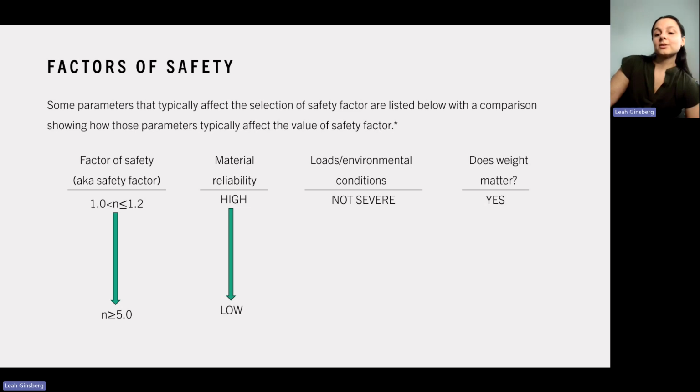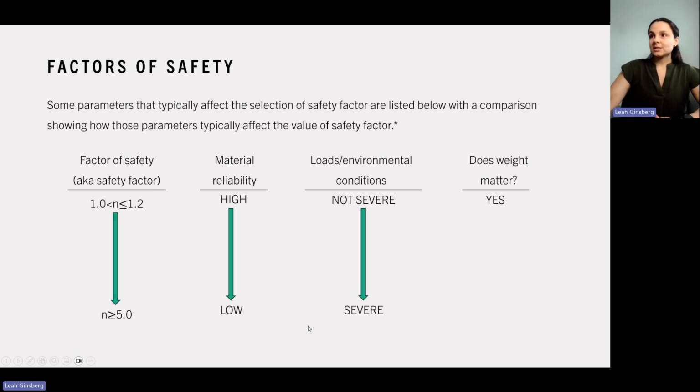So, either the material doesn't have reported properties for all the aspects of design that we're worried about, or maybe we're using parts that have been scrapped and we don't know the origin of those parts and we don't have time to test them. Then we would consider our material reliability to be low and we would need to up our factor of safety to account for that variability.